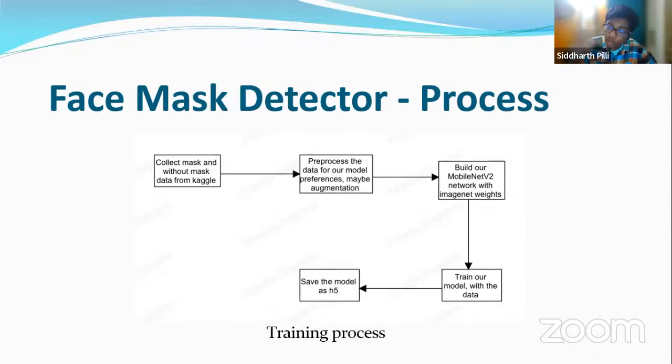And when we implement transfer learning, it makes that process faster, where it uses already available weights to train this machine learning network. So that's how we'll be using transfer learning. Fourth part, let's train our model with the data training. And finally, save the model as H5, so we can use it in our web application.